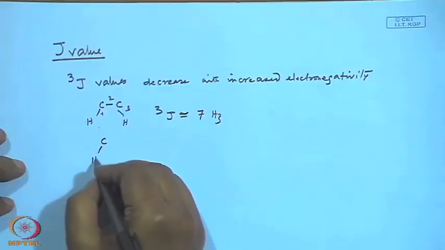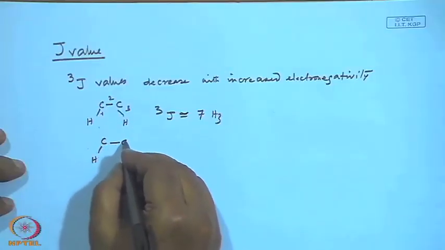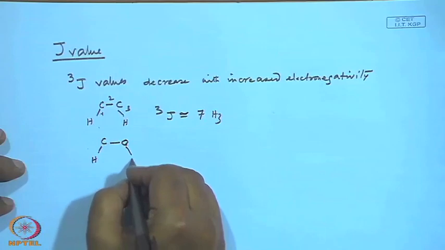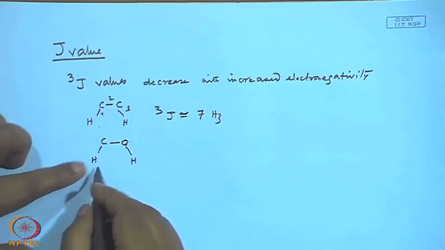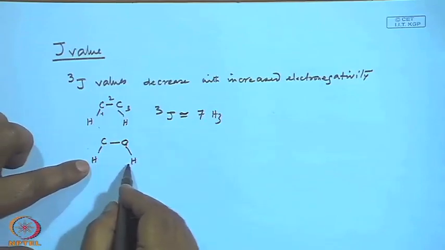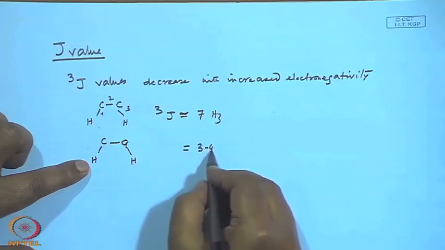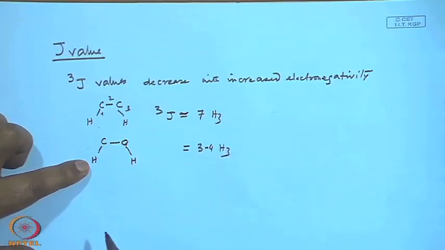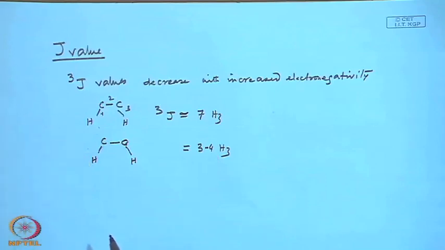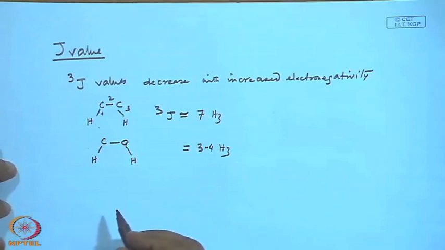Okay. Now, you just change this carbon into a heteroatom and put hydrogen. What is the coupling constant then? Now the coupling constant should be between 3 to 4 Hertz. That is what I meant to say: if you incorporate an electronegative atom into the skeleton of a 3J coupling, then the coupling constant decreases. It is very diagnostic, because many of you know we often deal with furan compounds in our lab.